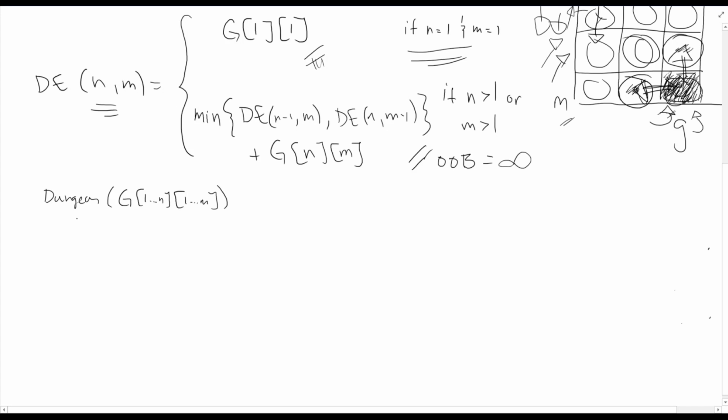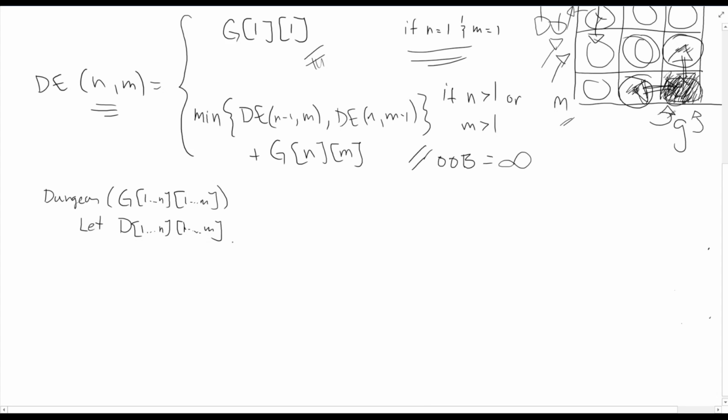Now remember, the first step usually is what I call declaration. So I'm going to need something, and I was calling it DE up there. I'm just going to call it D here. Let D, and we're going to do the same thing here. I'm just going to go 1 to N, 1 to M, same as above for our G. We have the same dimensions. We had no need to add a 0th row or column.